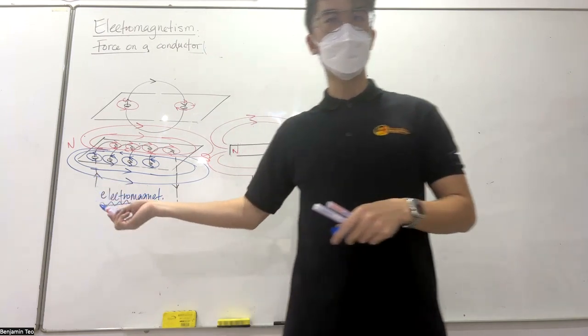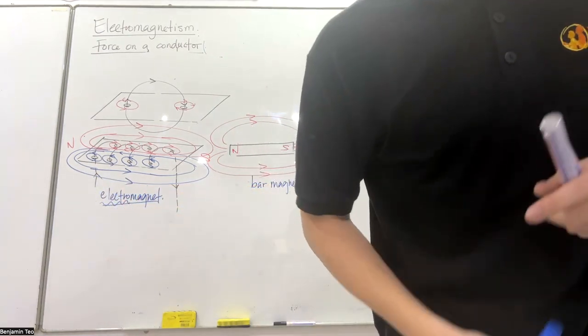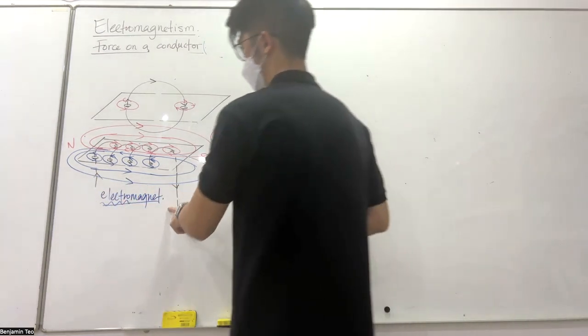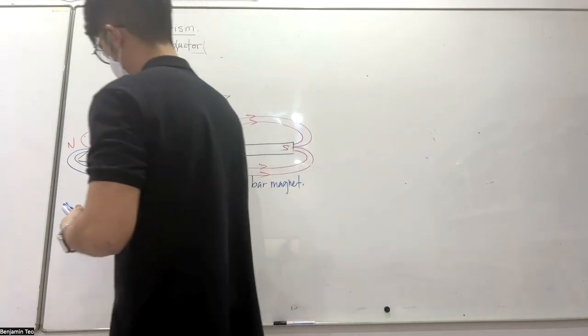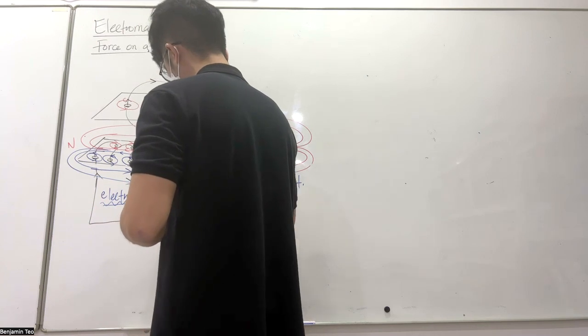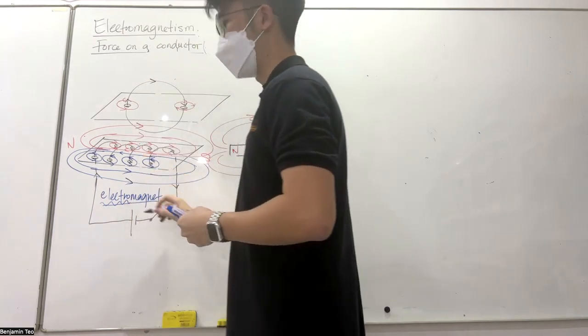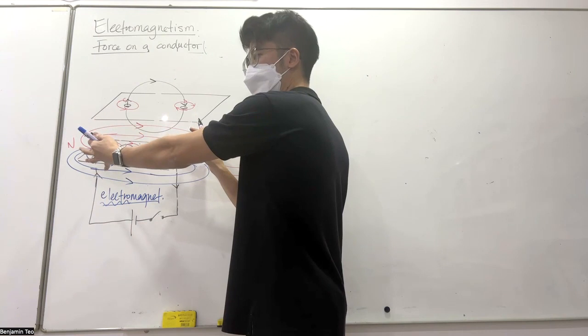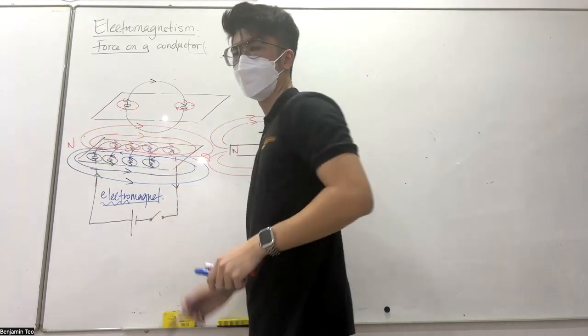The good thing about electromagnet is you can switch off. Here, if I connect the power supply with a switch, I can switch on and off this one. If I turn on this one, this is a magnet. If I turn off, this is not a magnet.